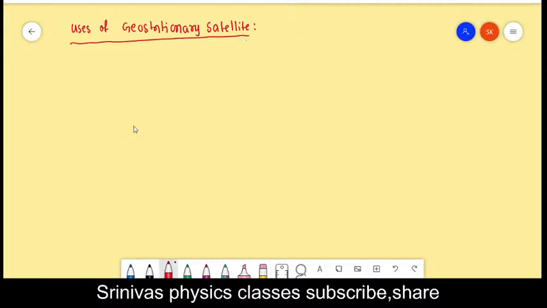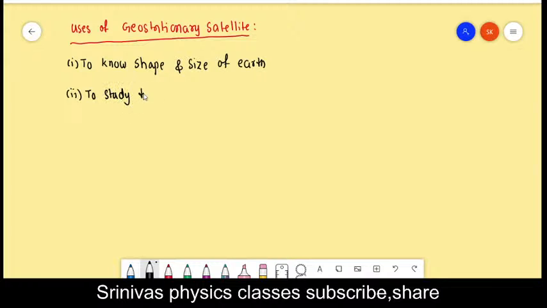The first use is to know the shape and size of Earth. It will also take photographs. What is the shape of the Earth? What is the size of Earth? That can be found out by using the satellite. The second use is to study the upper layers of the atmosphere of Earth.